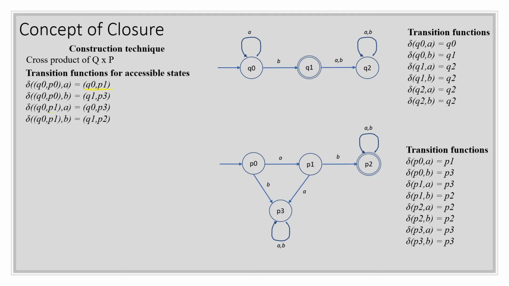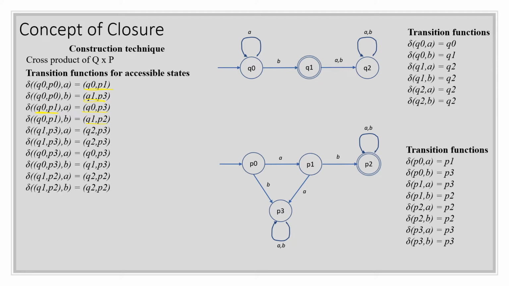The next one to consider is Q0, P1. Then Q1, P3. Then Q0, P3. Then Q1, P2. Then Q2, P3. Then Q0, P3.